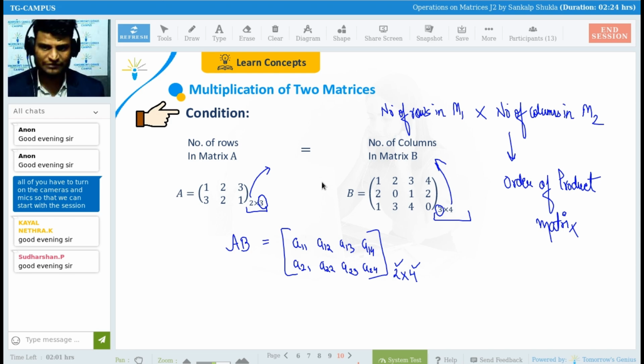Got my point? There are some questions, and you guys are in the habit of, under pressure, just reading the question. Okay, so C matrix is there. You have to find the value of C, and then you have to find the A23 of C matrix. So just directly find A23. There is no need to find the entire C matrix. Fine.